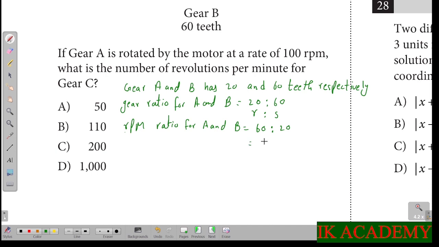If we simplify this, the ratio will be 3 ratio 1. So gear A turns at 3 RPM and gear B turns at 1 RPM.